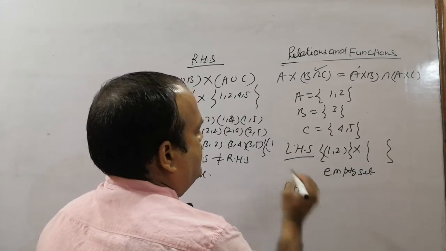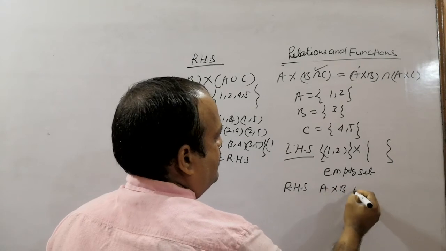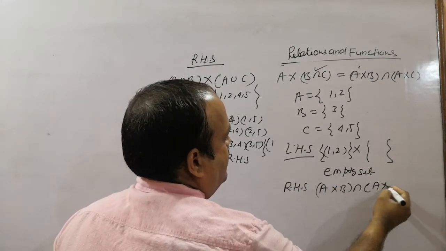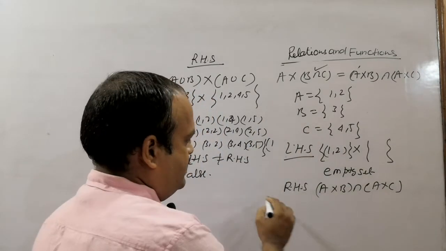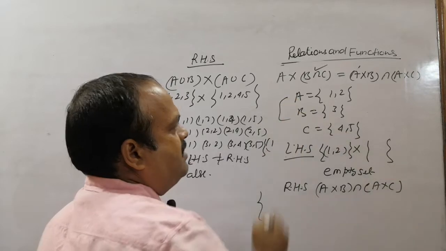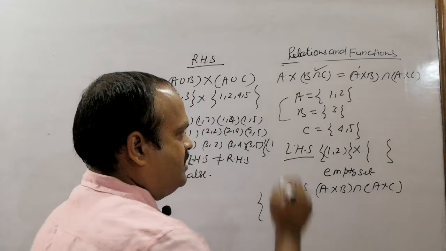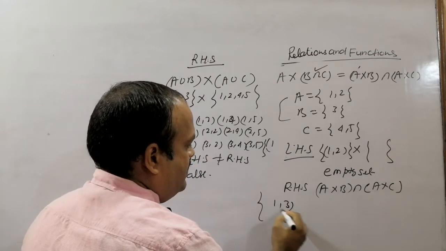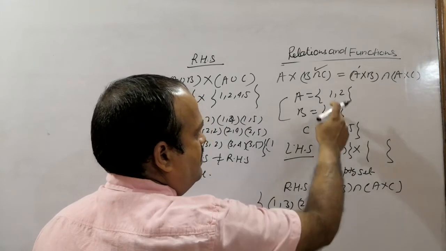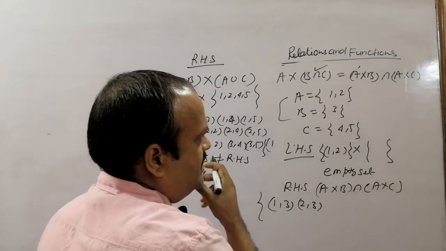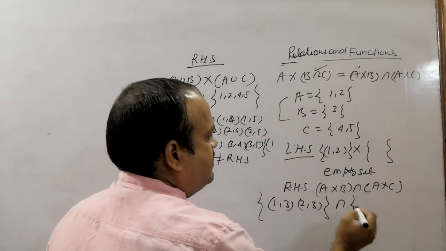So what do we get? RHS: (A cross B) intersection (A cross C). So let's get A cross B. A cross B will be having 2 into 1, 2 elements into it, and these ordered pairs are (1,3), (2,3).